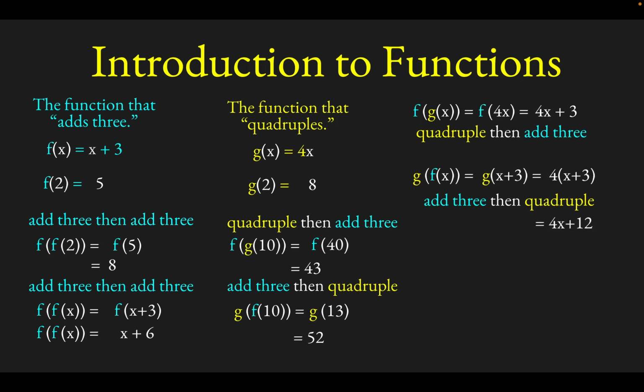And then the very last example here, we'll step it up a notch. Let's do f of g of f of something called b. Well, so again, you work inside out. So the first thing we have to do is take whatever b is, and f is the function that adds 3. So we're going to add 3, then we're going to quadruple, then we're going to add 3 again because of this outer f that's acting.